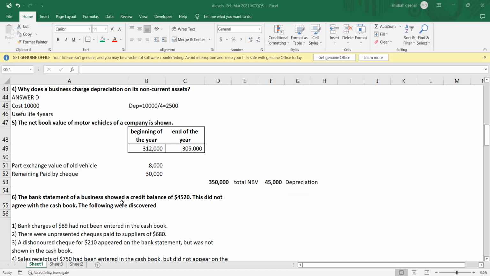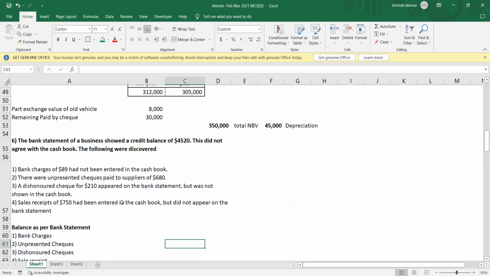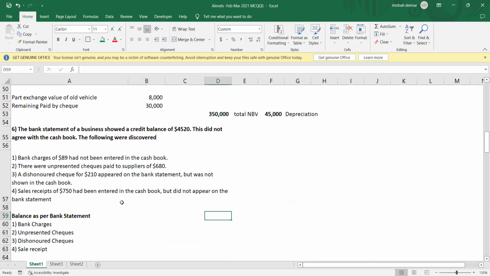So let's go to our working. I've written it over here. The balance as per bank statement is 4520. Bank charges of 89 had not been entered in the cash book, but they had been entered in the bank statement, so the effect is 0. Then unpresented checks of 680 should be deducted from the bank statement, as they were present in the cash book, not in the bank statement.